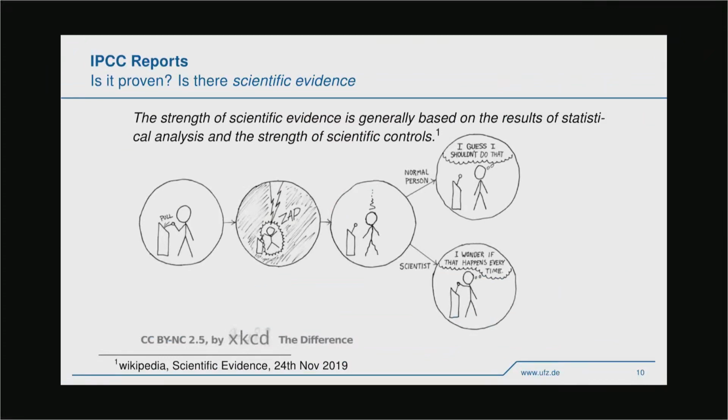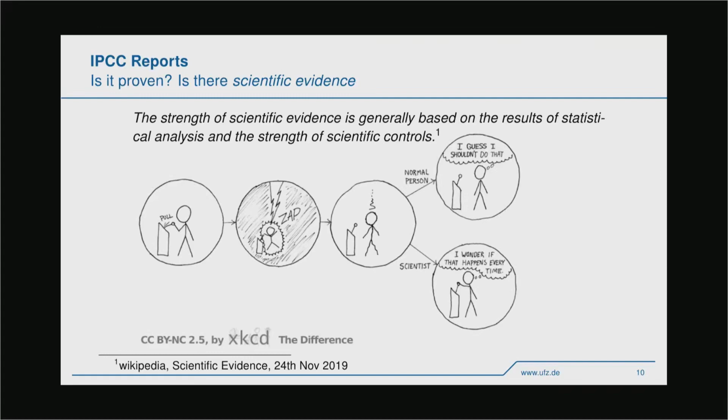The strength of scientific evidence is generally based on the results of statistical analysis and the strength of scientific controls, meaning you make an experiment over and over again, and you change some influences on the experiment where you want to know that this does not influence the output. So you can narrow it down and know what is the source of your results, and so you can prove a physical law or something.